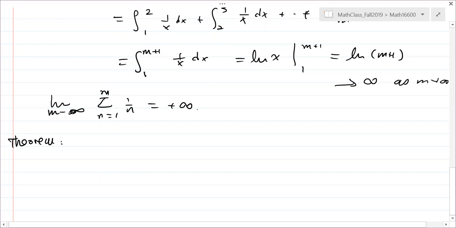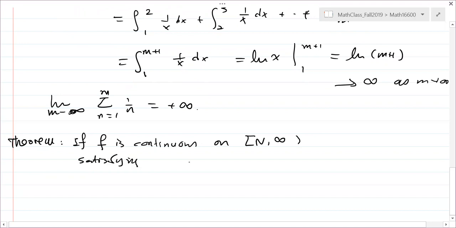The theorem says that we assume that f is continuous on some interval from capital N to infinity, satisfying the following two conditions: f of x is positive, and f of x is decreasing. Not approaching 0, decreasing. We need it to be decreasing. If it's not approaching 0, definitely it's divergent. Okay, so don't worry about that. So it's decreasing. Okay.